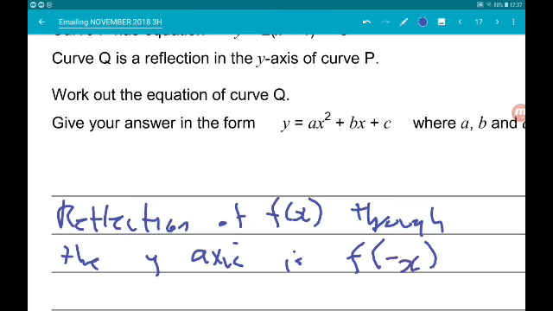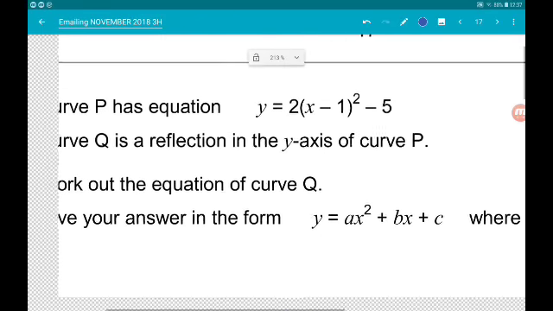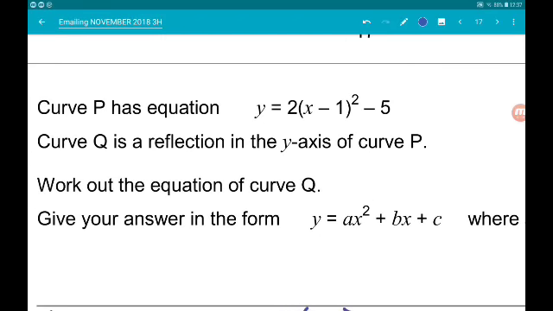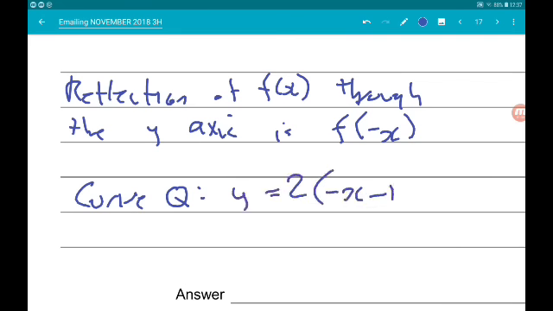So that means anywhere that there is an x in curve P, it becomes minus x. So curve Q is y equals 2 lots of (minus x minus 1) squared minus 5.